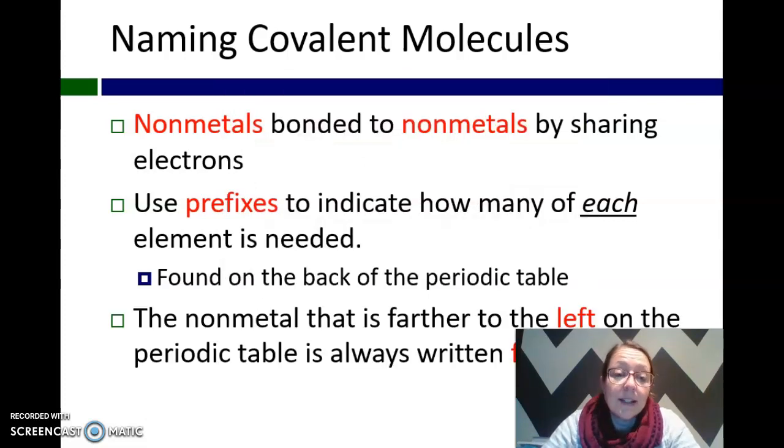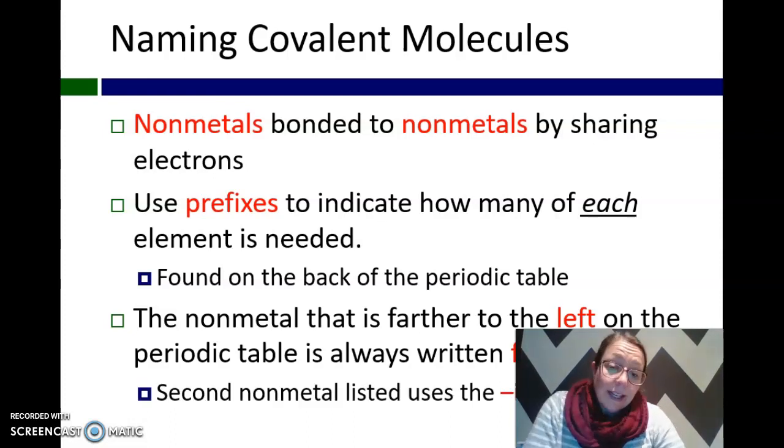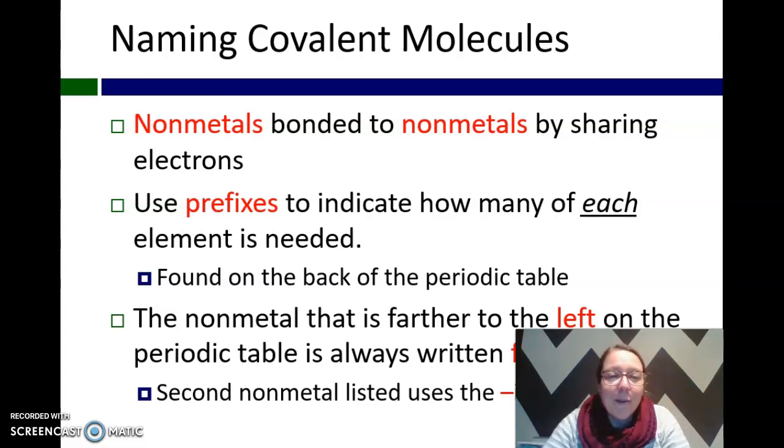The next rule is now we're dealing with two nonmetals, so we have to distinguish which one we write first in the name. In this case, the one that's farther left on the periodic table will get written first. The second nonmetal, you'll see a familiar suffix here. The second nonmetal's element name gets changed and we add on that ide suffix that we found in ionic compounds. So that is some familiarity.